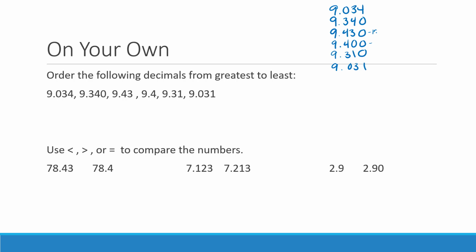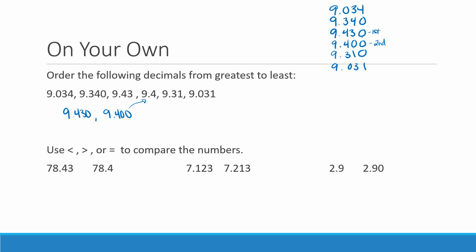So automatically I know this guy comes in first place and this guy comes in second place. So I've got 9.430 and then I've got 9.400. Now keep in mind if you're trying to choose here, 9.400 is the same as this guy here.